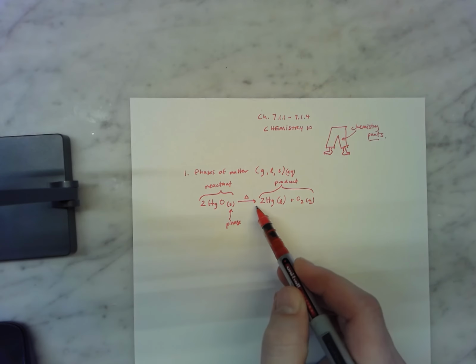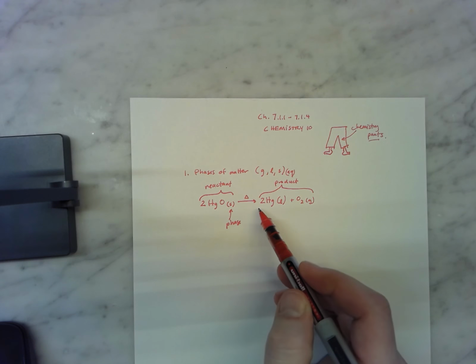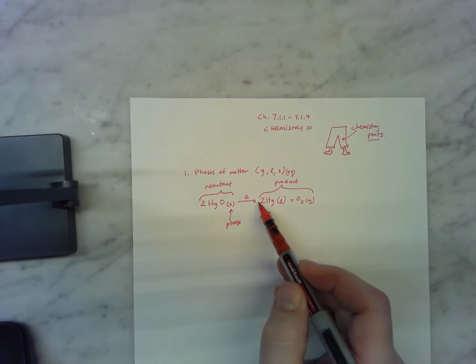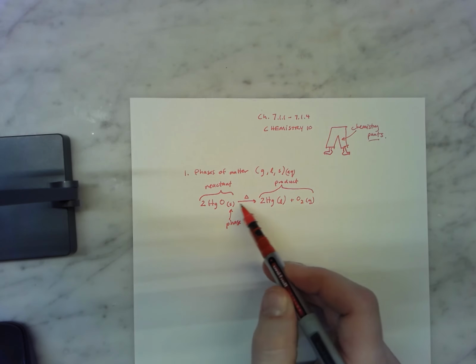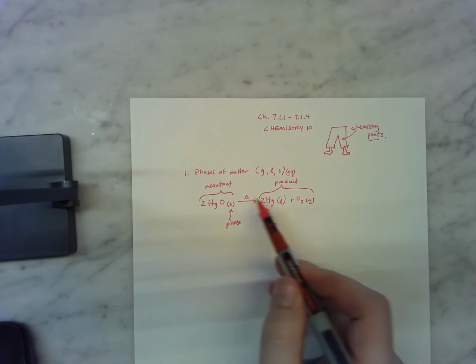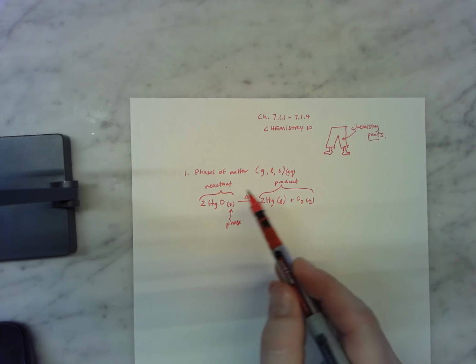Now later on we will see that there are some things that as they establish equilibrium, have an arrow on both sides, a double-headed arrow, and that just means it's establishing an equilibrium between the two, and things are moving back and forth between one side and the other.